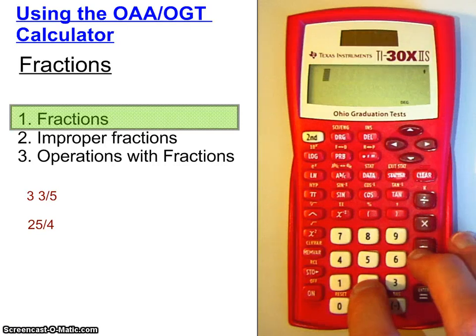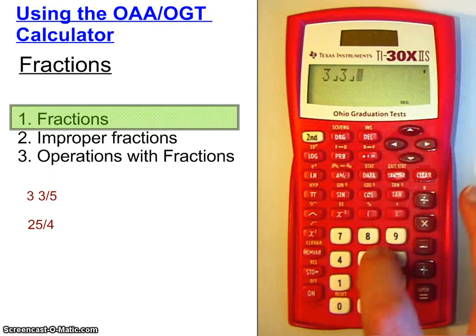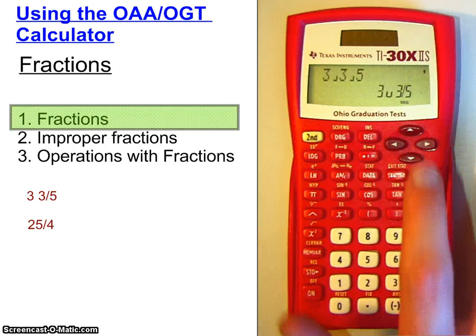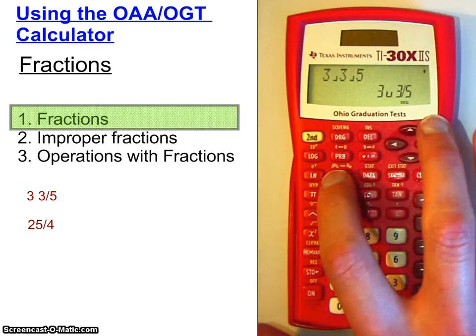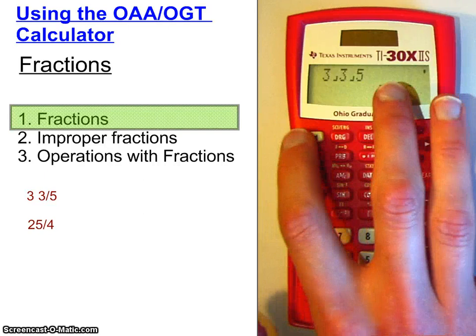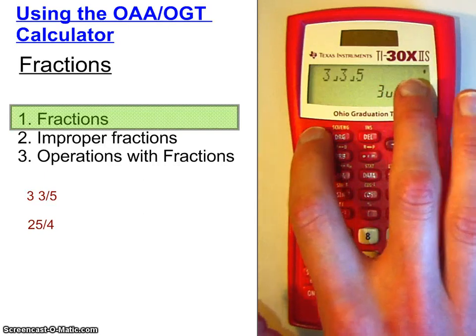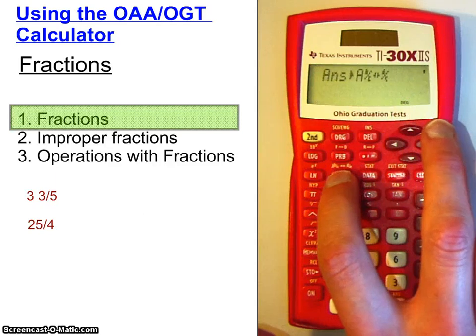Now let's say you want to go in reverse. You want to take the 3 and 3/5, and you actually want to write that as an improper fraction. This is where you're going to use the second button that we have here and that same fraction key. So I'm going to push second, and I'll push that same fraction key.